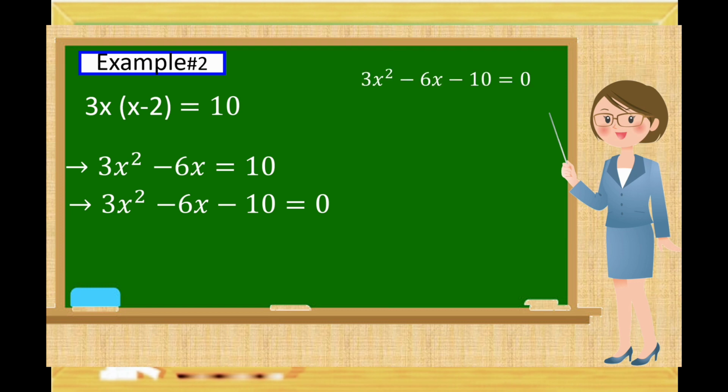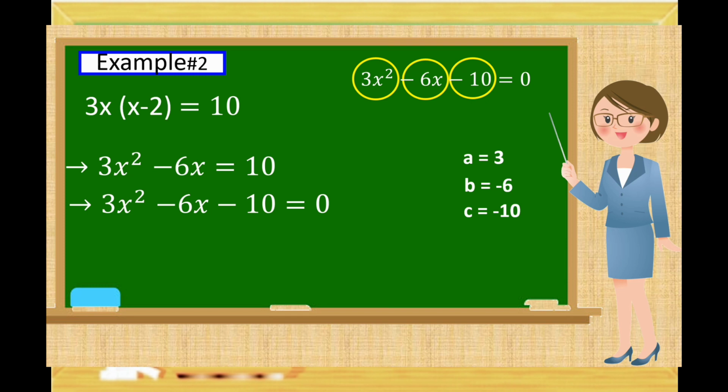The equation becomes 3x squared minus 6x minus 10 equals 0, which is in standard form. In this equation, a equals positive 3, b equals negative 6, and c equals negative 10.